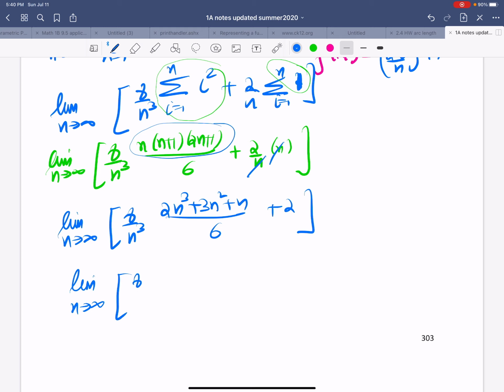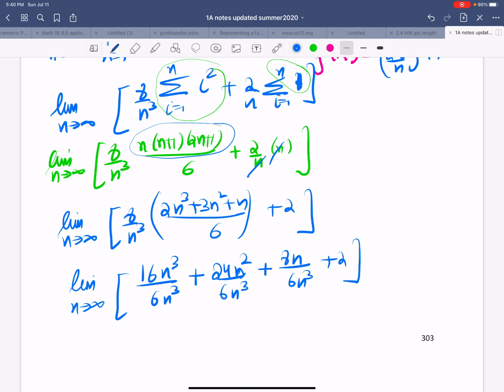So we have 8 times 2 is 16 n to the third over 6n to the third, plus 8 times 3 is 24 n squared over 6n to the third, plus 8n over 6n to the third, plus 2.